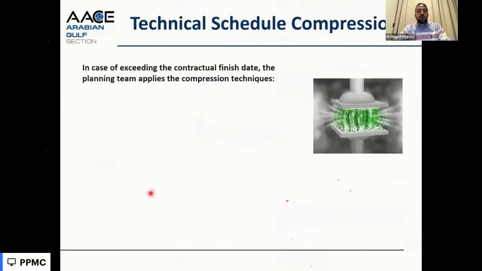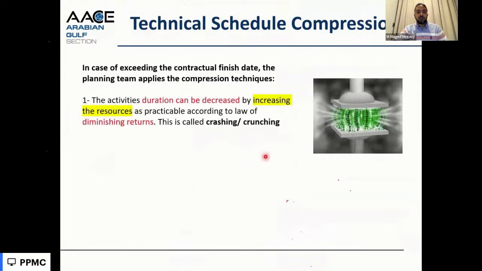After we decide on the solution, we need to implement it in the software. It can be implemented in two ways. One of them is decreasing the duration. If we assign more resources, the duration of these activities can be decreased. We cannot increase the resources to infinity. After a certain increase, the production and productivity decrease again.